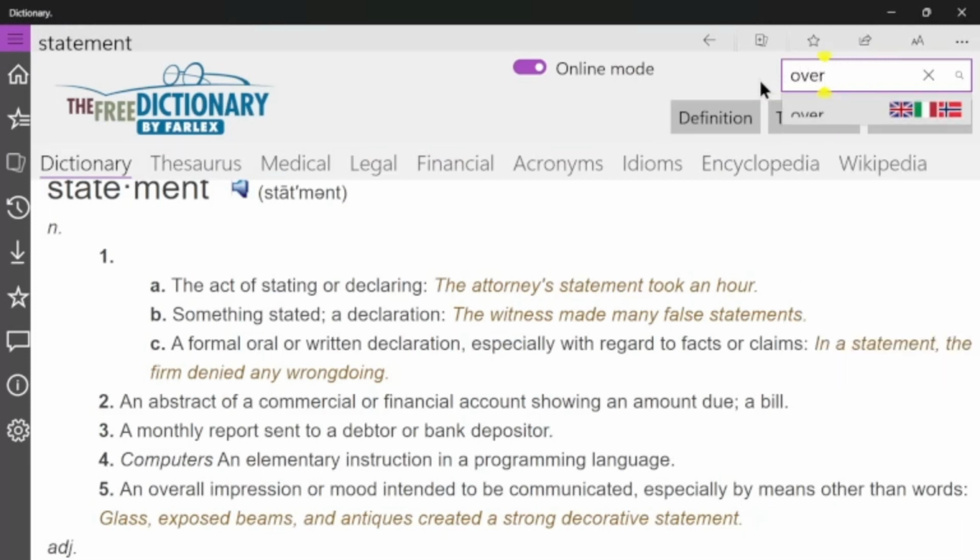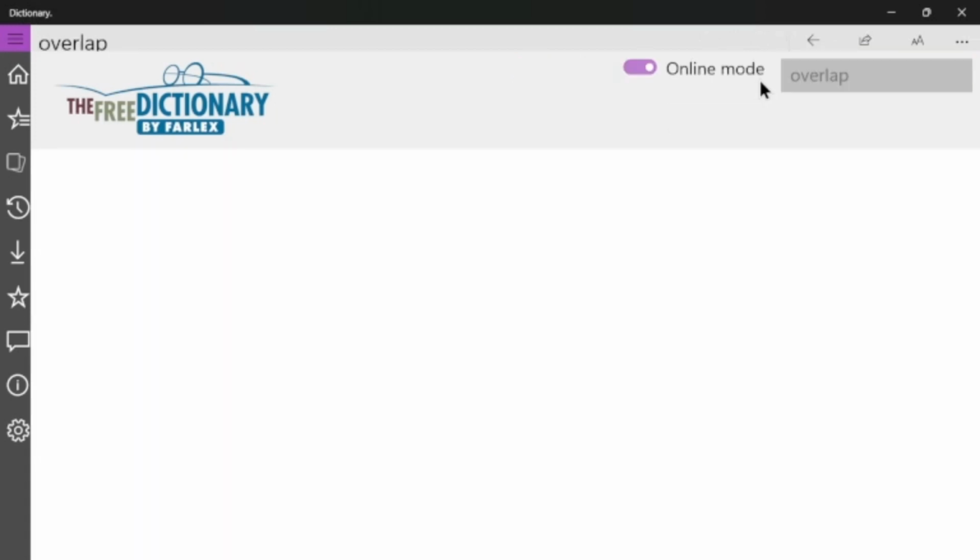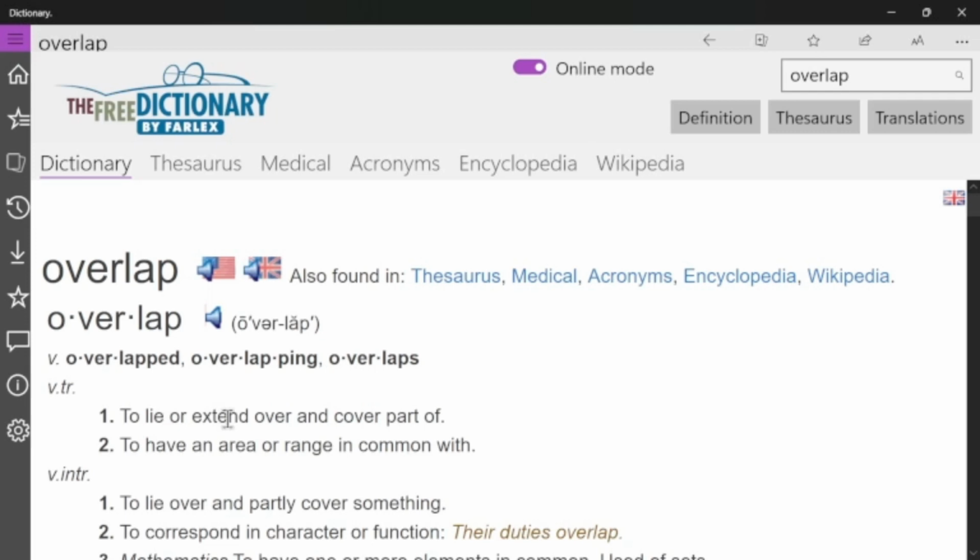Remember, over is like on top, right? Overlap. To lie or extend over and cover part of. Covering part of. Not fully maybe, but part of. So this is an overlap. Yes. So for example, some words in English or in every language overlap in meaning. They overlap in meaning. This means part of their meaning can be the same and other part is not the same.